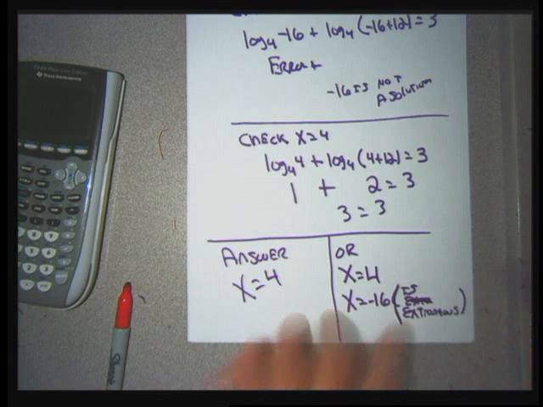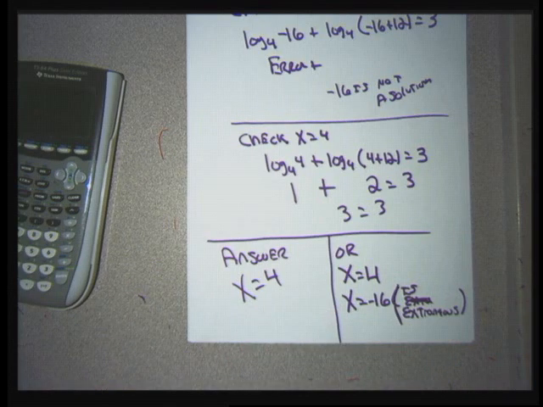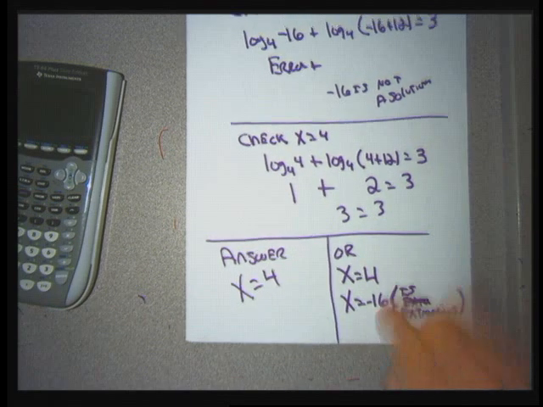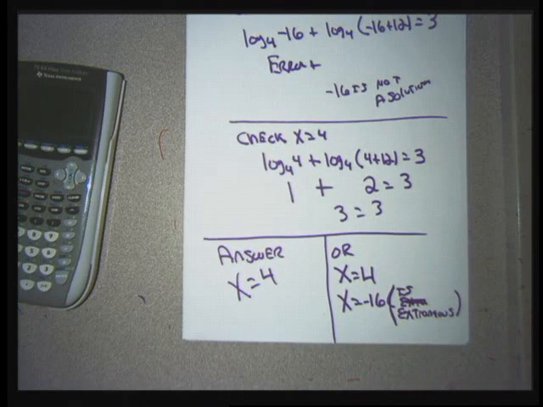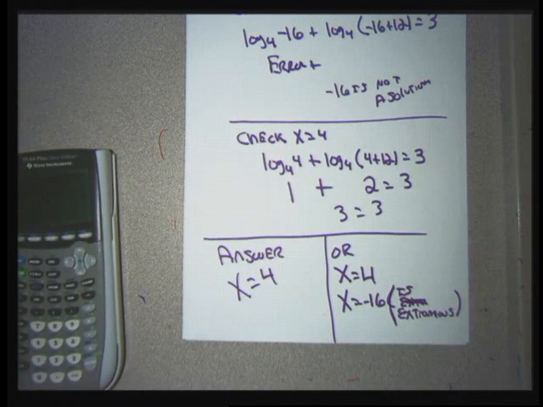So writing "extraneous" next to the negative 16 means that the algebra came up with it. It's not a solution, but I just want to show you that the algebra gave me that solution. So I'm showing you the algebra solutions, making the comment about the negative 16 that's appropriate.